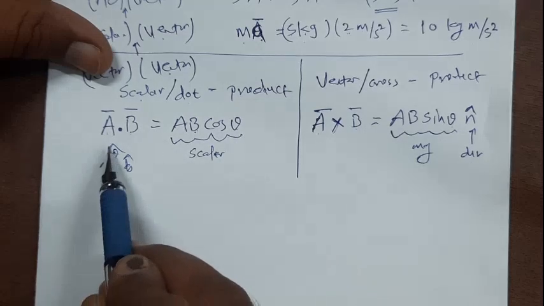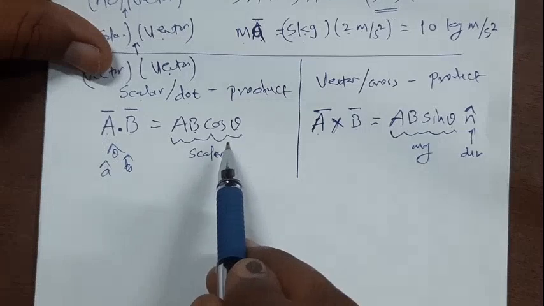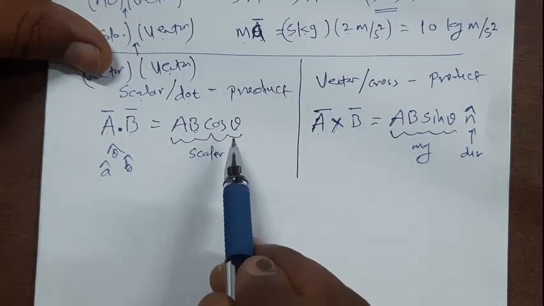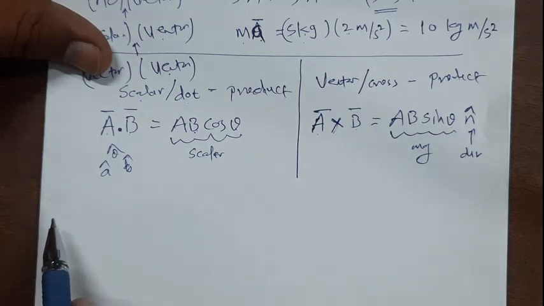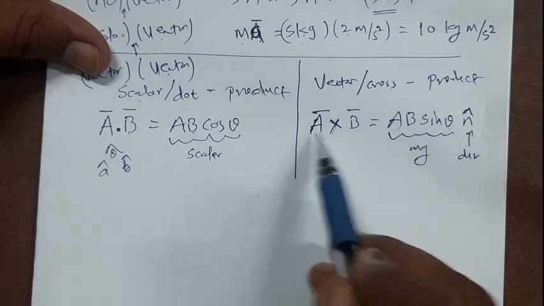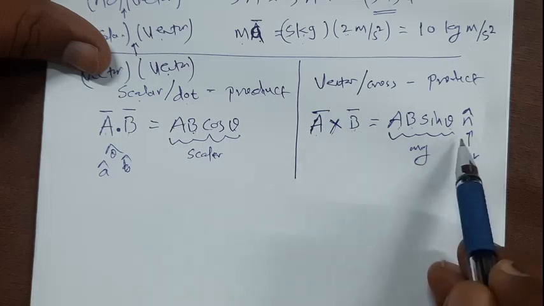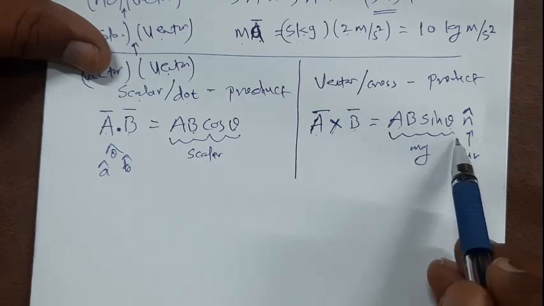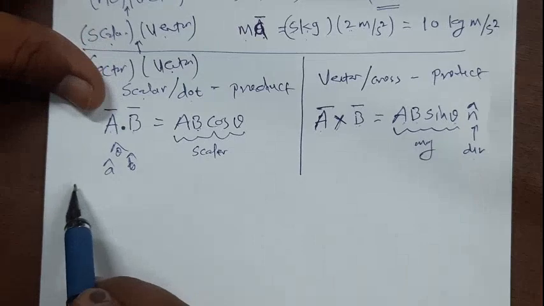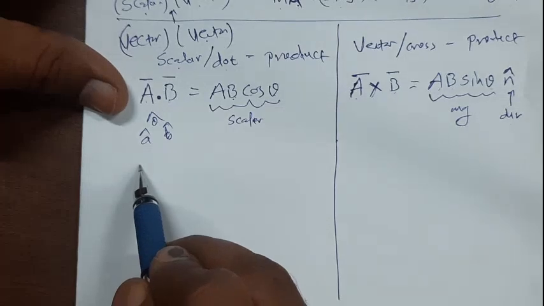Therefore, if the vectors are in magnitude and direction form, it is useful, but we have to give the angle between them. Similarly here, A is the magnitude of A bar, B is the magnitude of B bar, theta is the angle between them, and I can find the cross product between these two vectors. But what happens if the vectors are expressed in their component form?